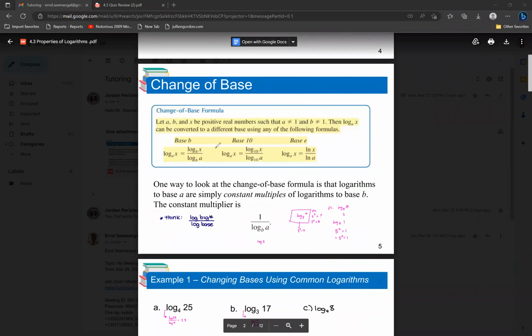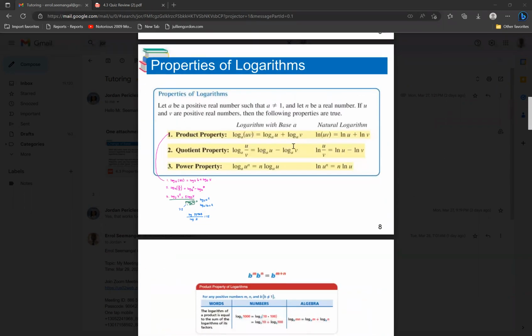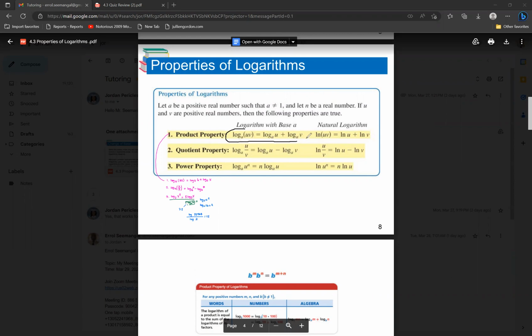Where's the multiplication? Let me scroll down. I thought I saw it in here the other day. Yeah, this one right here. Let me circle it for you. That's the one we just used. See the two of them multiplied by each other?